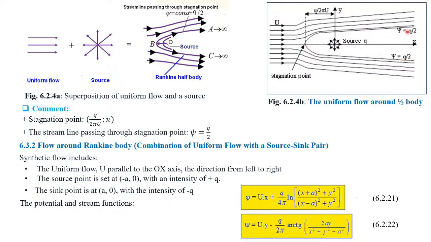I also show you the stagnation point here, the point where the velocity is 0. The distance from O to this point equals Q divided by 2πU.